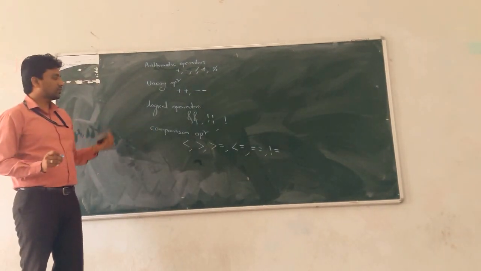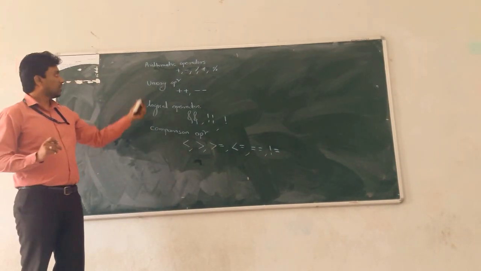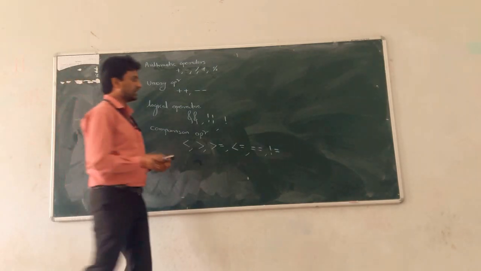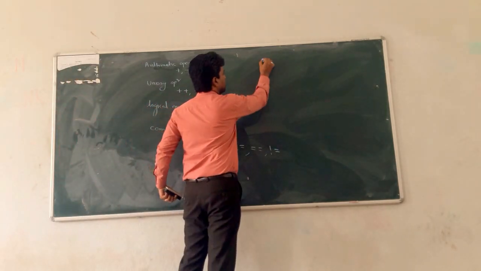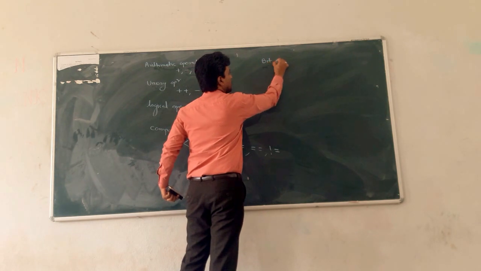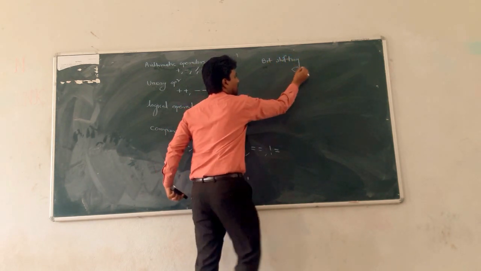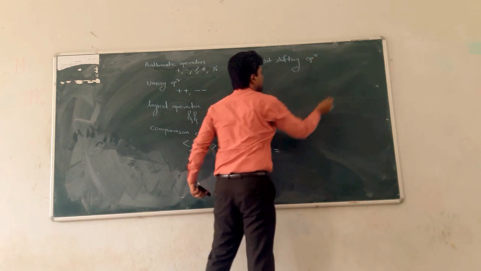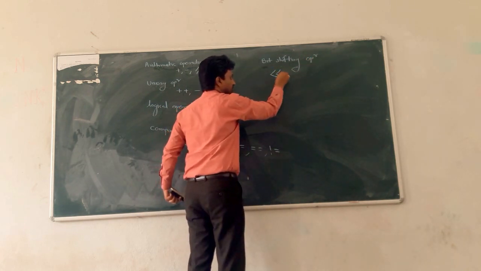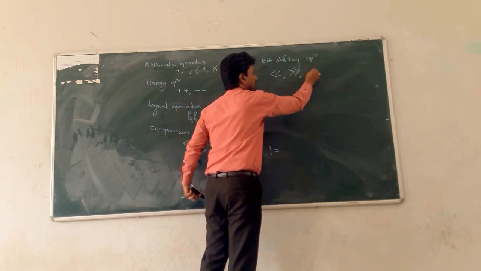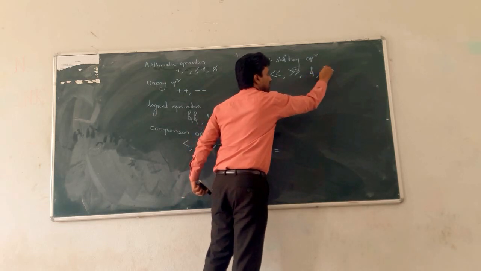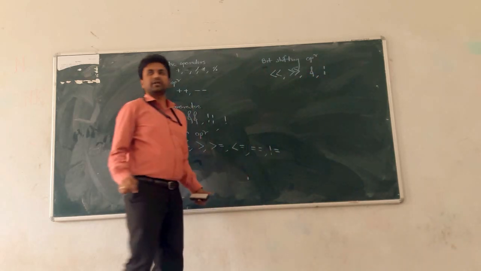Next, these are four types of different operators. After that, there is the bit shifting operator. In bit shifting operators, there are left shift, right shift, and, or operators.